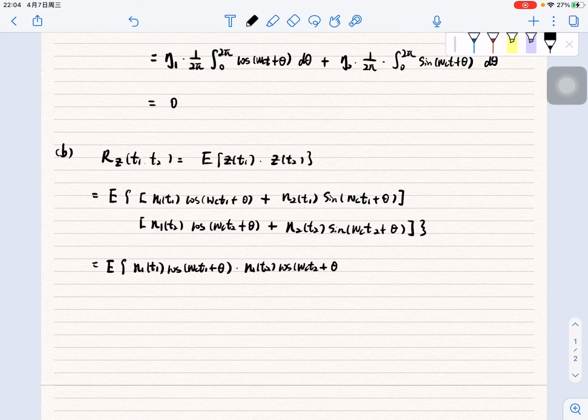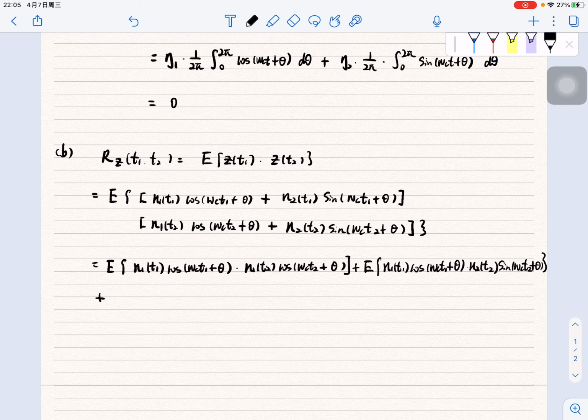Then plus the expectation of n1(t1) cosine omega c t1 plus theta, multiplied by n2(t2) sine omega c t2 plus theta.